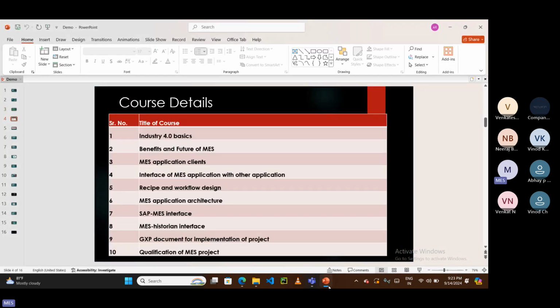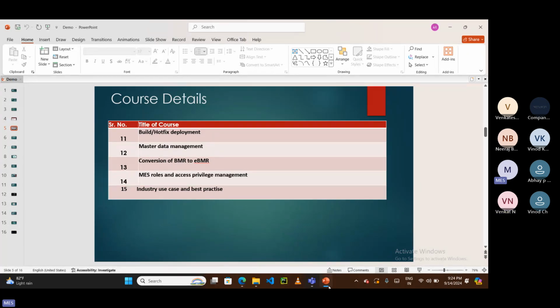These are the topics I'll cover here. The thing will start with Industry 4.0 basics, benefits and future of MES application, client interface of MES application with other applications, recipe and workflow design, MES application architecture, SAP MES interface, MES historian interface, GxP documents for implementation of a project, qualification of an MES project, build, halt, fix deployment, master data management, conversion of BMR to EBMR, MES roles and access privilege management, and industry use and best practices.